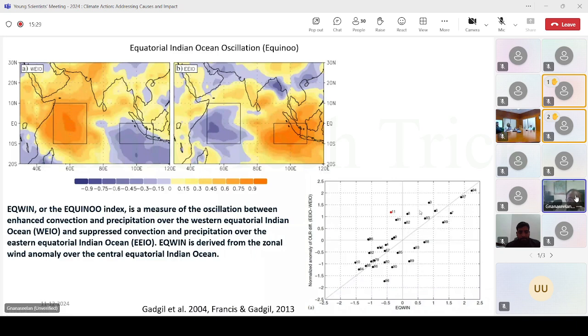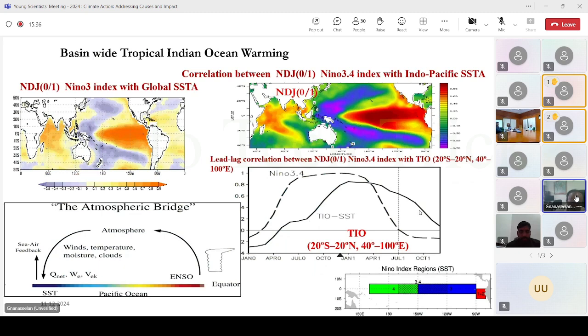That is also very well correlated with the Indian monsoon rainfall. Now, if you look at the first mode, which explains about 40 to 50% of the variability, this is mainly explained by El Nino.